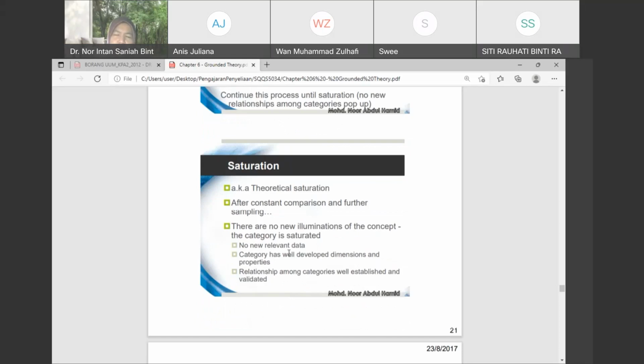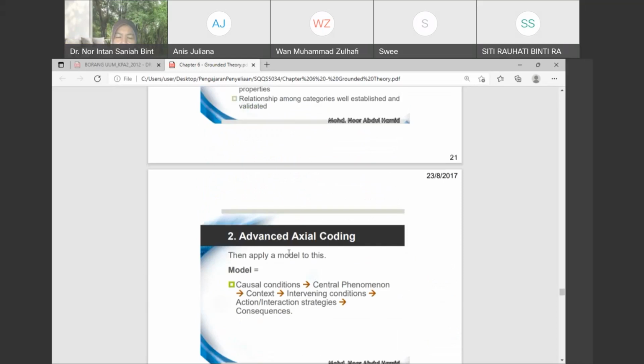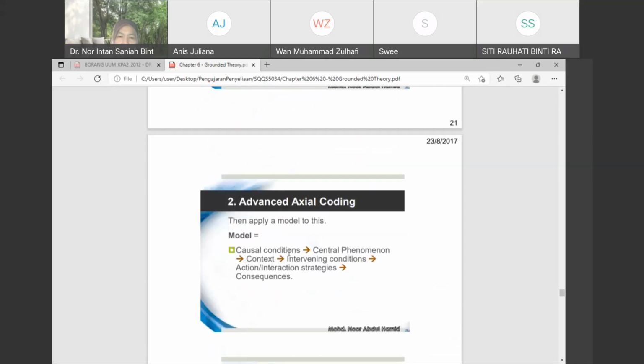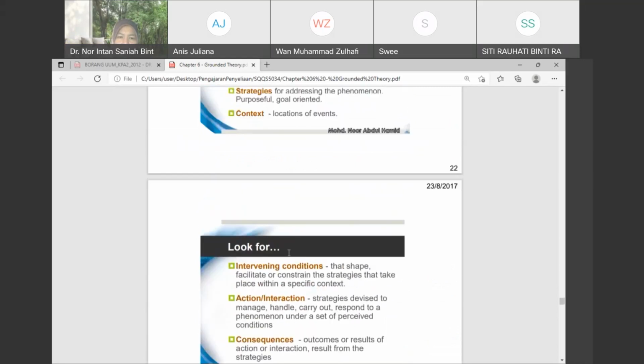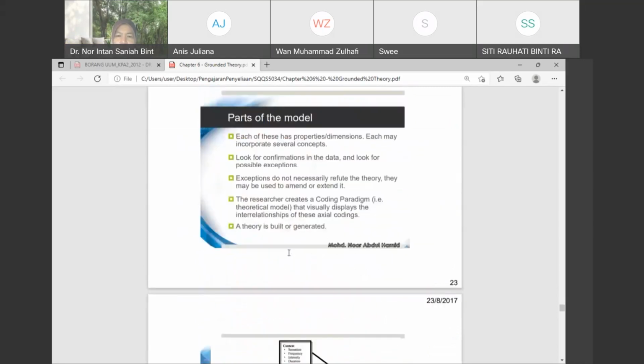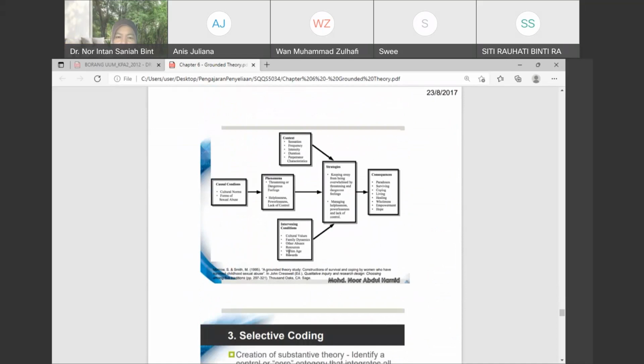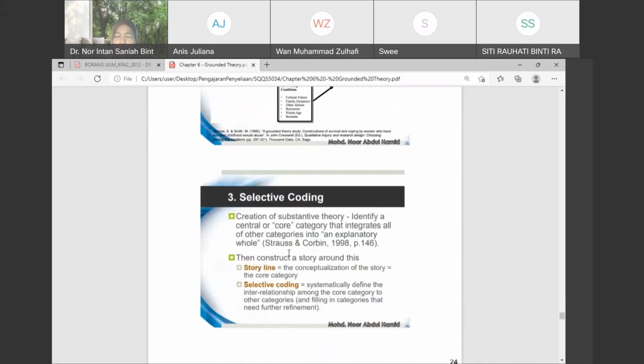Okay, so you semua dah well developed. Okay, all already you have put in the right category and the right situation. Okay, ini advanced dia lah. Dia boleh baca. Okay, dia ada a few conditions. Okay, and ini another example, and then last one selective coding.